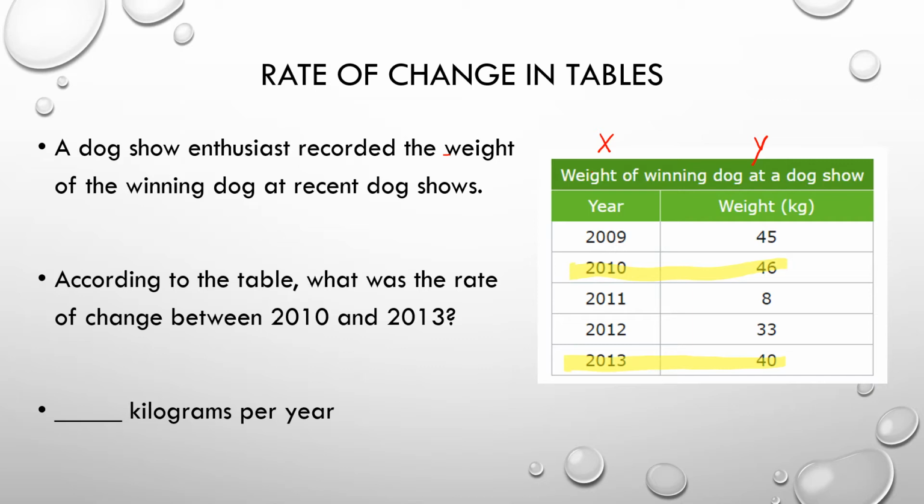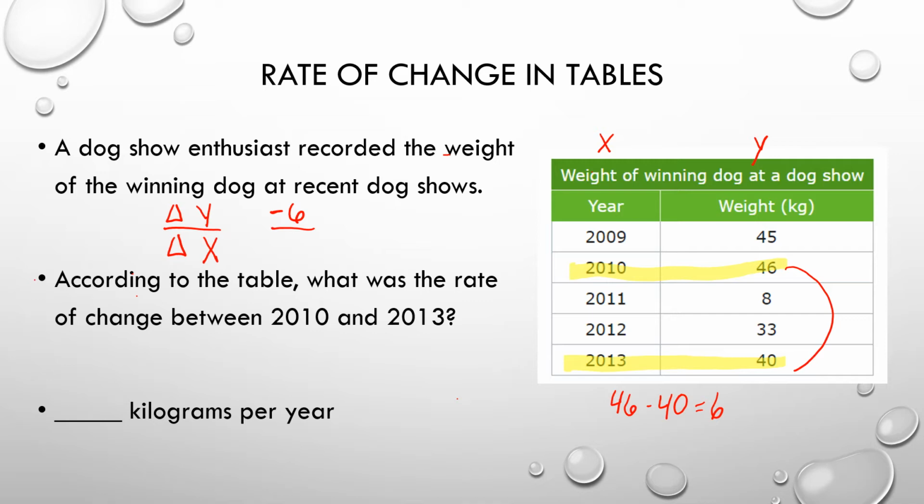We're going to do our change in y over the change in x value. So 46 to 40. We've gone down again, so that's negative. And 46 minus 40, it changed by 6, so it went down 6.